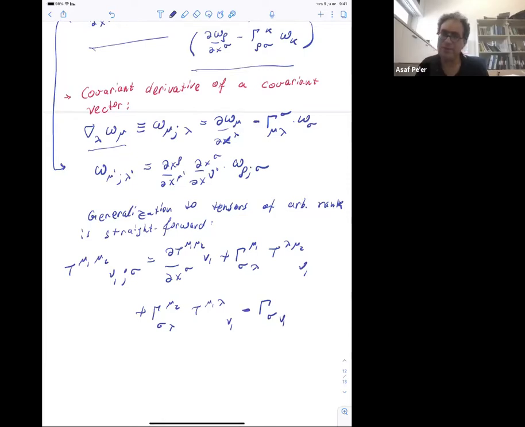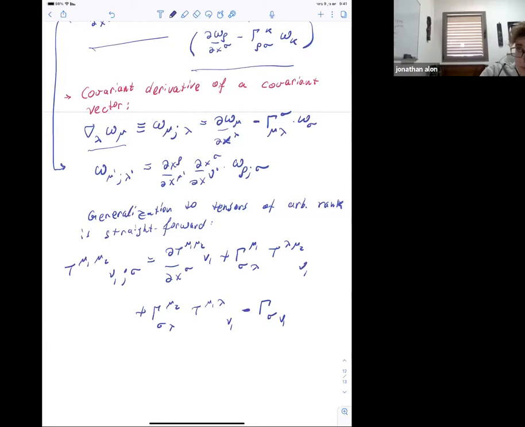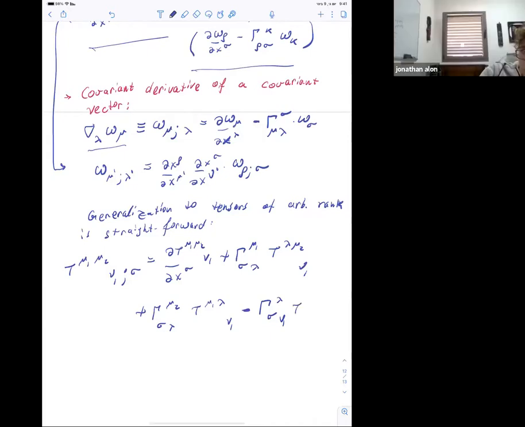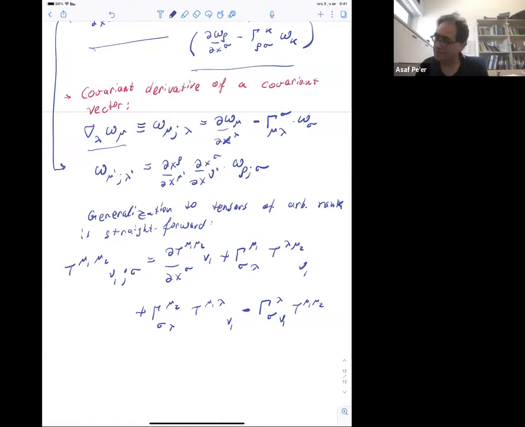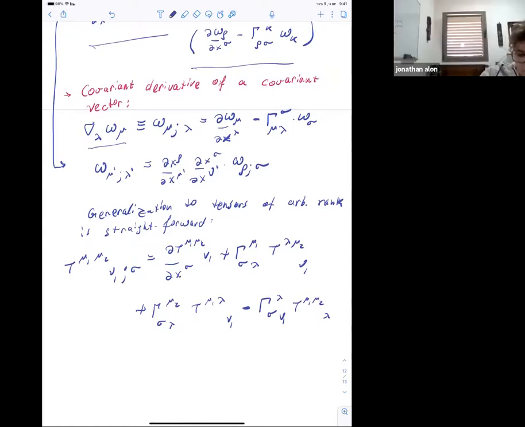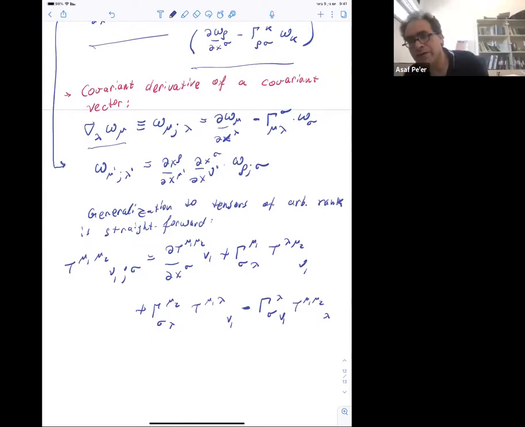What is the upper index? Another dummy index, that's right. And then what am I going to multiply it with? T mu1 mu2, and the lower index is the dummy index. Okay, so this is how I take a covariant derivative of a tensor.